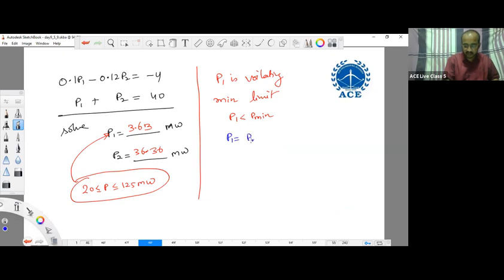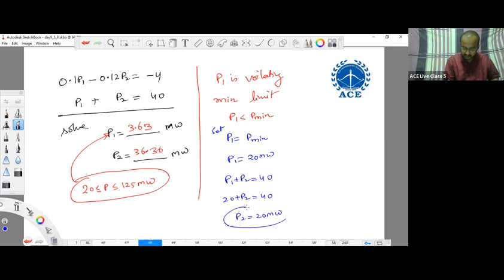Set P1 equal to P minimum. P minimum is 20 megawatt. So P1 plus P2 is equal to 40, so P1 is 20 plus P2 is equal to 40. You will get P2 also as 20 megawatt. So you got P1 as 20 megawatt and P2 also as 20 megawatt.